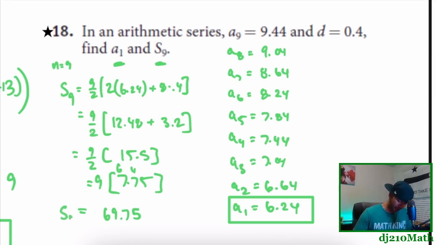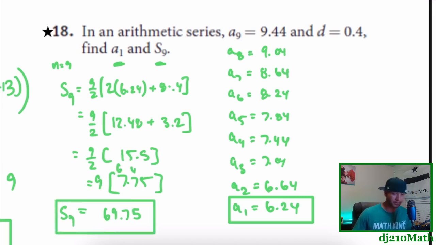This is S sub 9, the sum of the first 9 terms. That almost seems incorrect. It'll be fine.